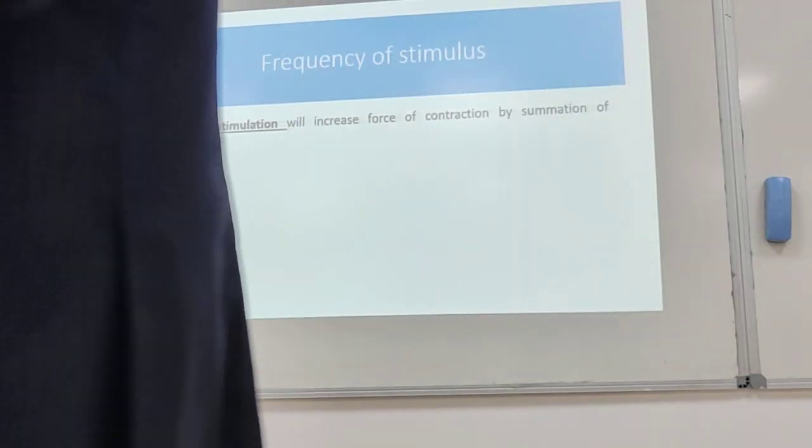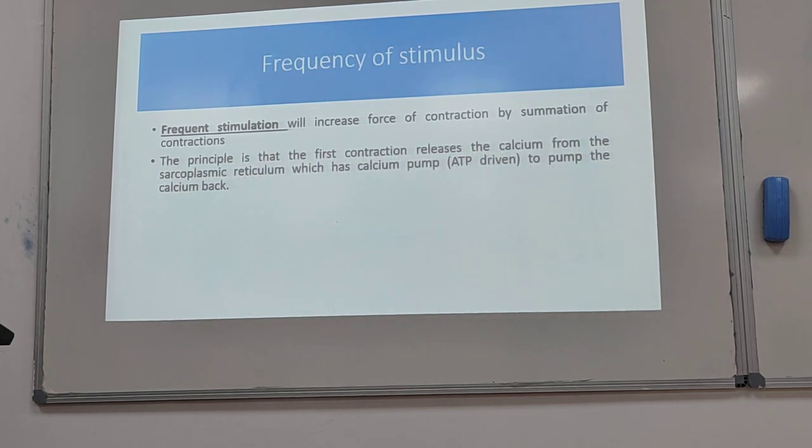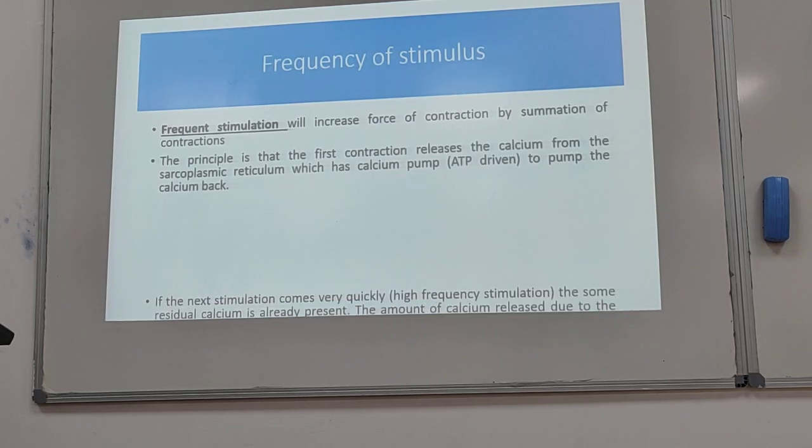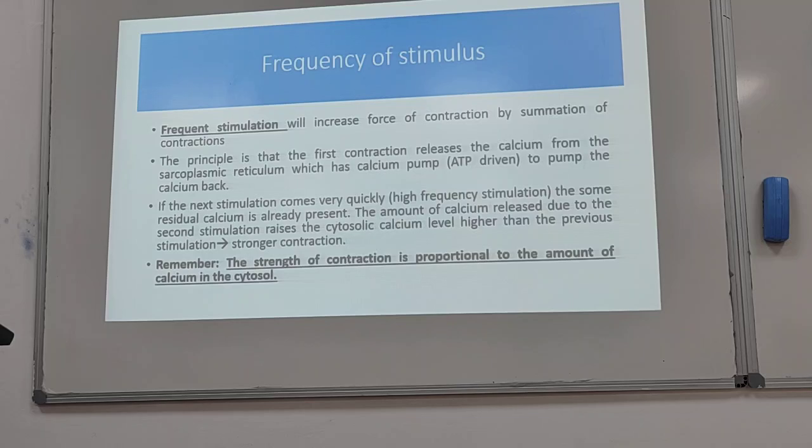So this principle is written here. It is the story of the calcium. The principle is that the first contraction releases the calcium from the sarcoplasmic reticulum, which has calcium pumps to pump the calcium back. If the next stimulation comes very quickly, some residual calcium is already present. The amount of calcium released due to second stimulation increases the total amount of calcium and the contraction is stronger.